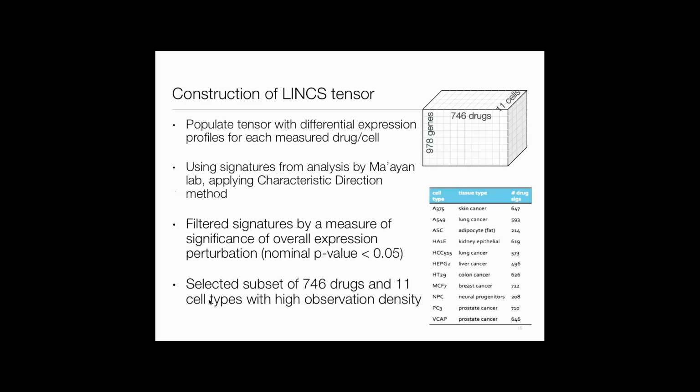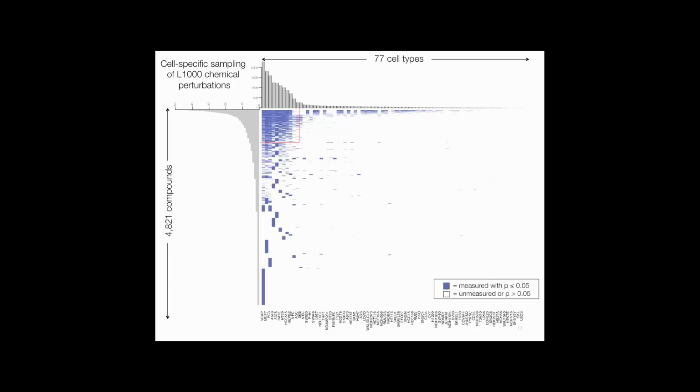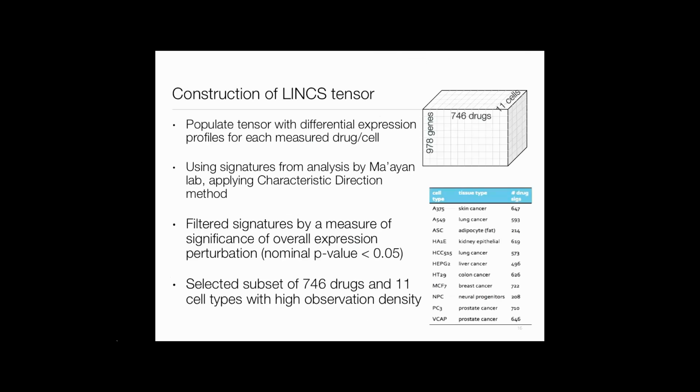And so this is the particular tensor that I've constructed so far. The idea is I want to populate the tensor with differential expression profiles, one profile for each drug-cell combination, in this red box here. And I'm using signatures that were generated by Avi Ma'ayan's lab, and they applied the characteristic direction to compute differential expression.